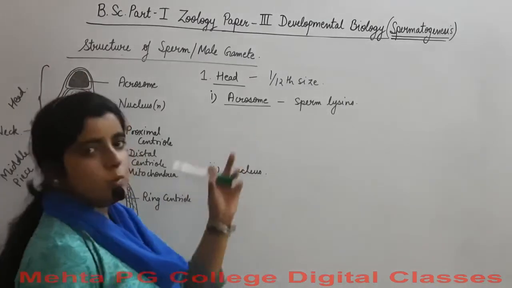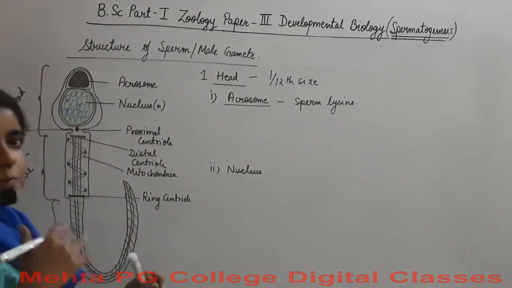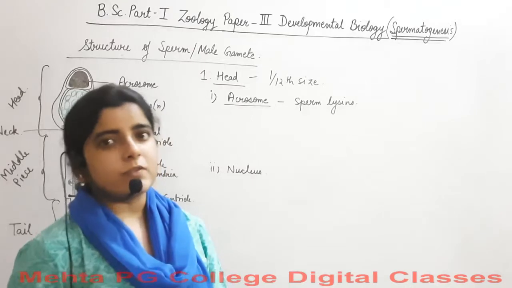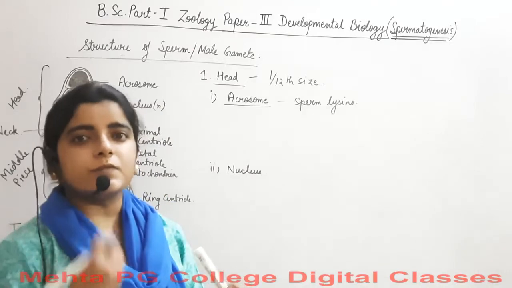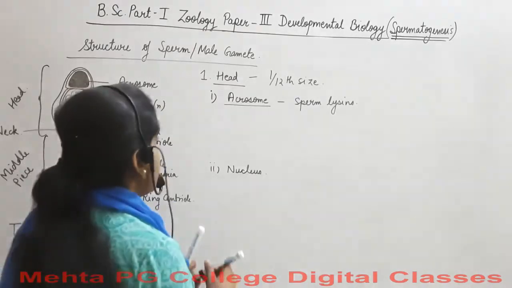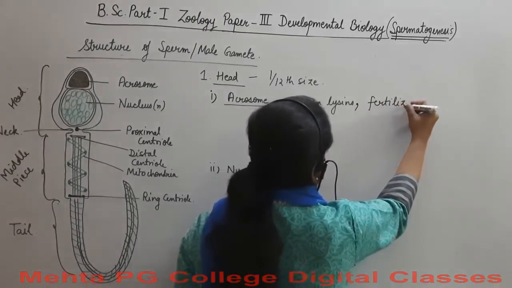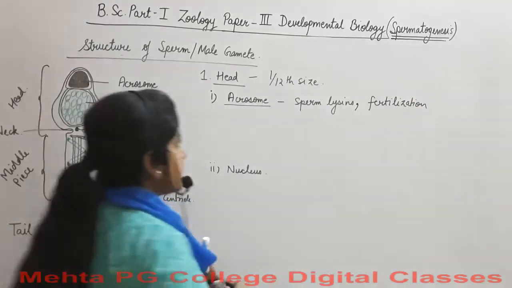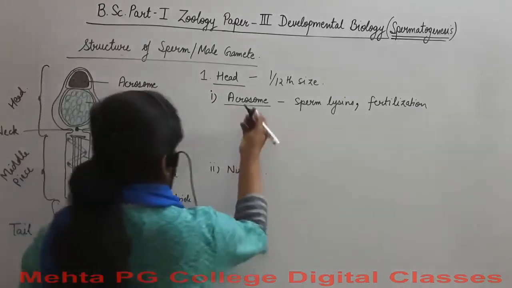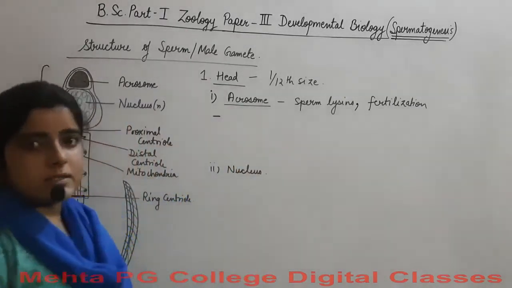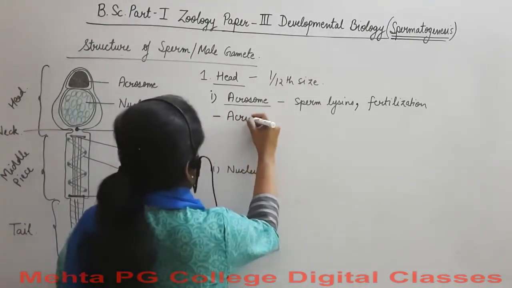So the acrosome has a big role. It is just a cap-like structure present at the top of the male gamete, containing lysins or enzymes responsible for the fertilization process. When this part breaks, it releases enzymes. Now, what enzymes does it contain?